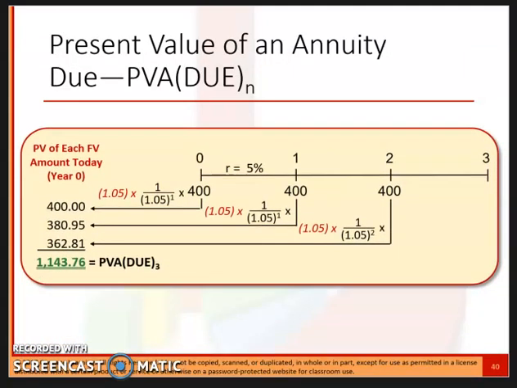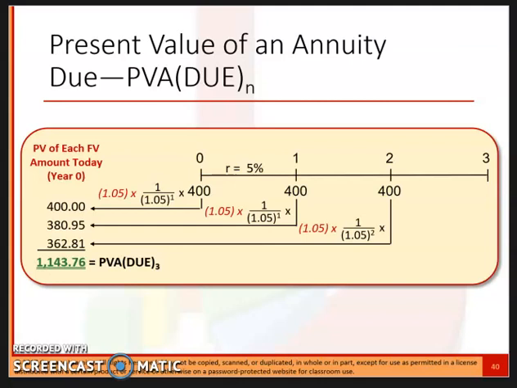So, if we had an annuity due, we've eliminated a period, so all of our payments have been moved forward.